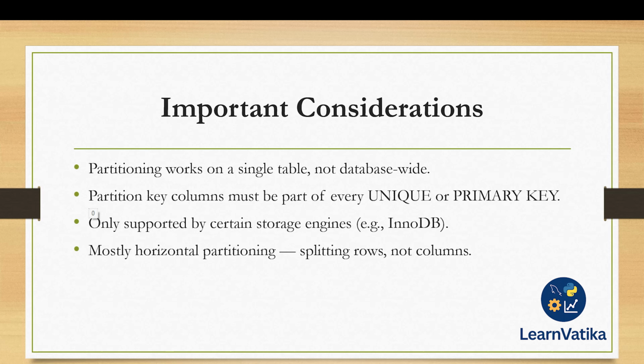Only InnoDB and a few similar ones support partitioning. And partitioning is mostly done horizontally, not vertically. That means we only split the rows based on partition and not the columns.